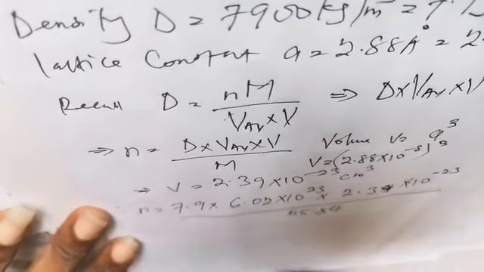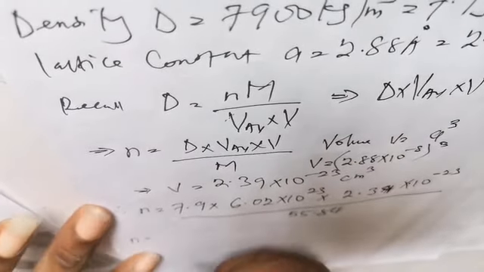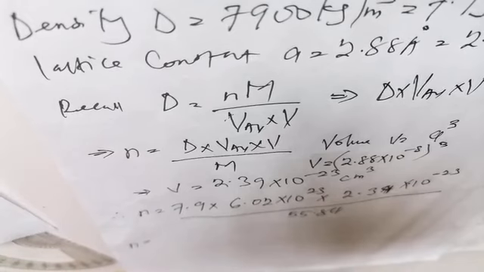Alright, so having this now, number of atoms n becomes, let's apply the numerator all through. I have 7.9 multiplied by 6.02 exponential 23 multiplied by 2.39 exponential minus 23.